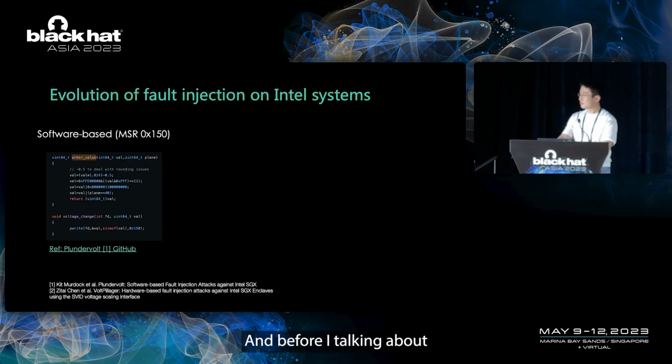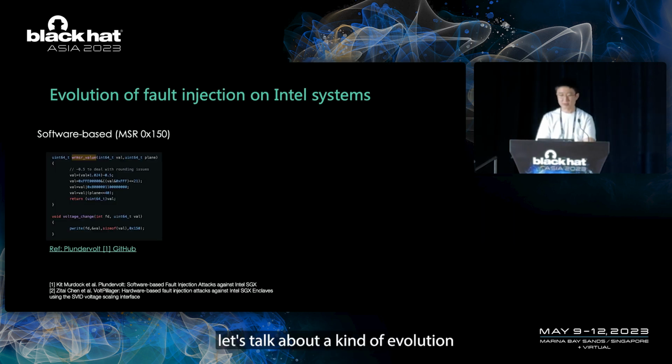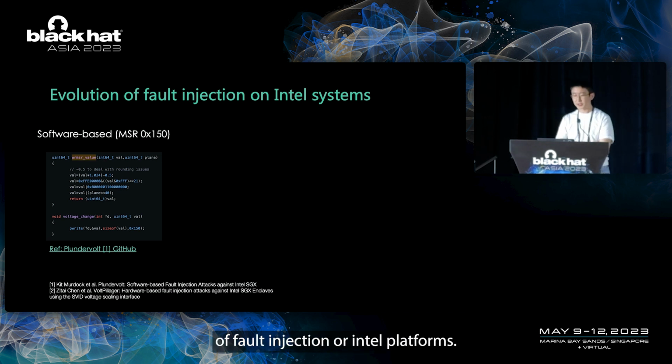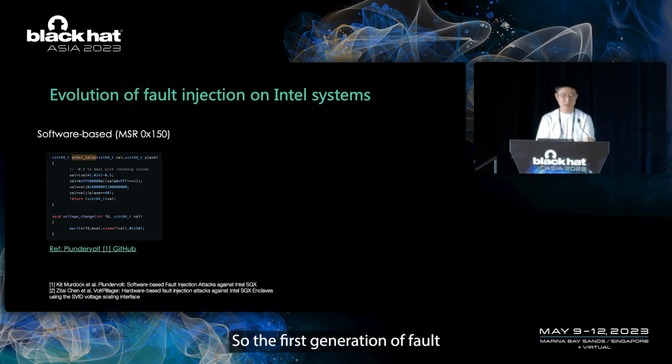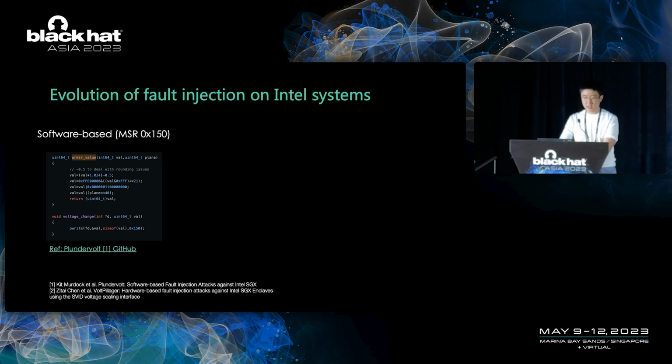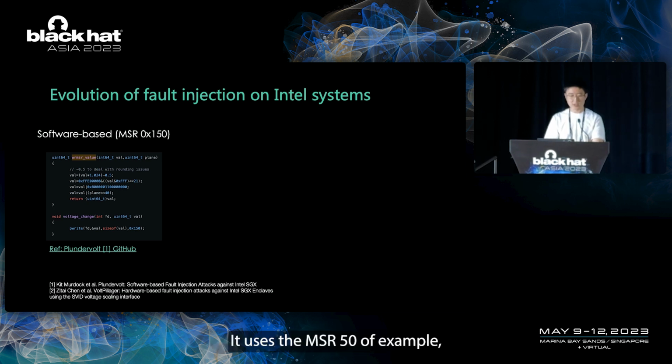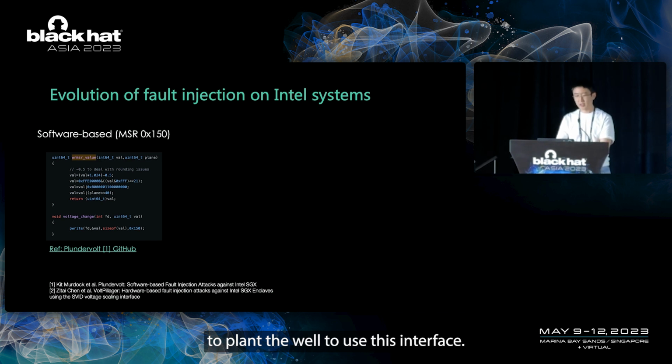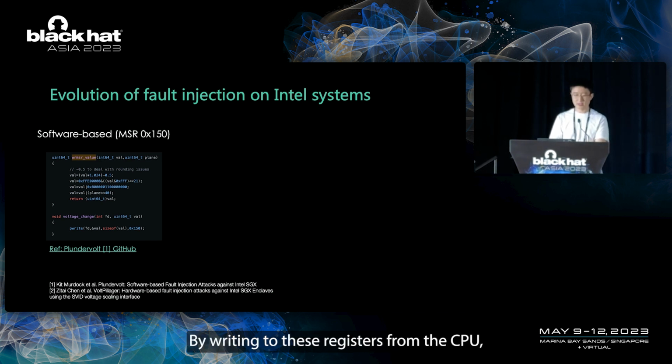Before we talk about this work, let's talk about the evolution of fault injection on Intel platforms. The first generation of voltage-based fault injection would be software-based. It uses the MSR 150. For example, Plundervolt uses this interface by writing to these registers from the CPU.